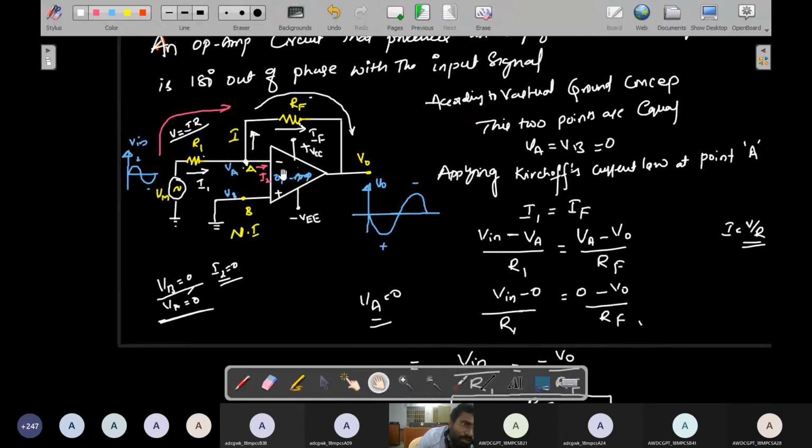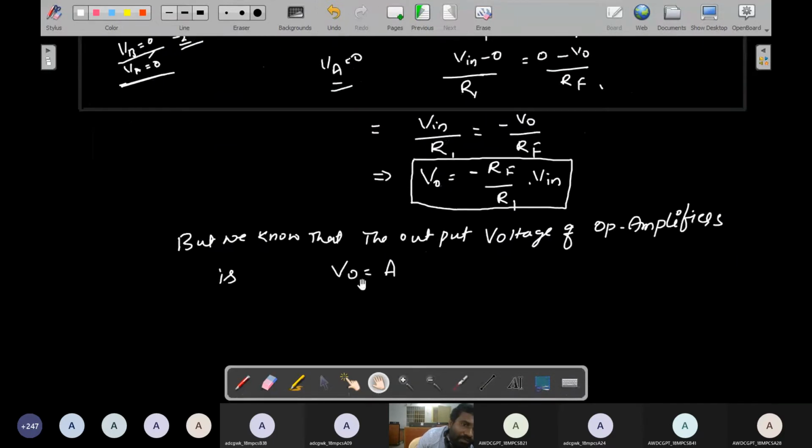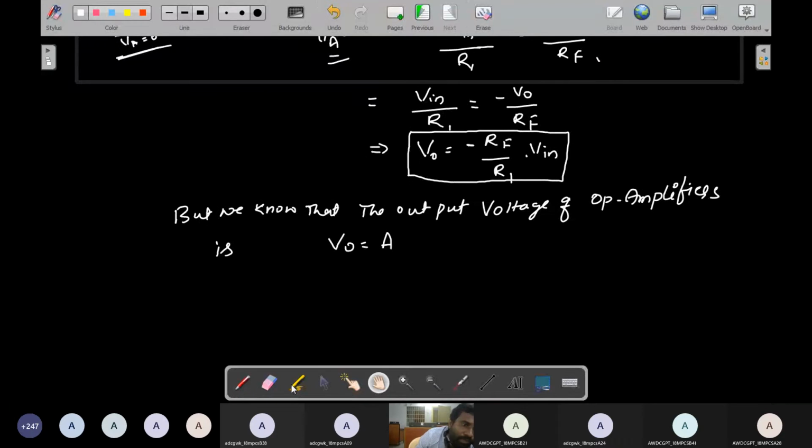This is a closed loop, because I already considered feedback from the output to the input. So this is the closed loop gain ACL times the difference of input voltage. This is the actual formula of the output voltage of the operational amplifier.